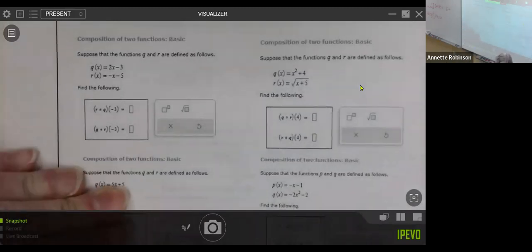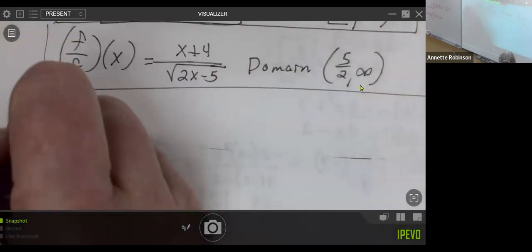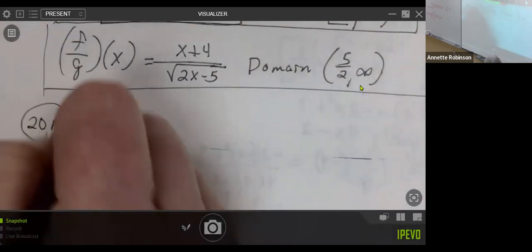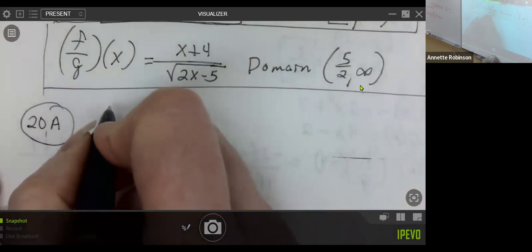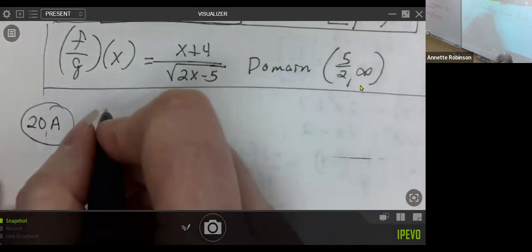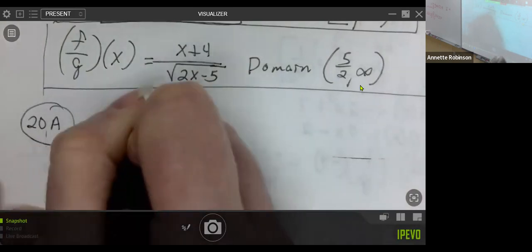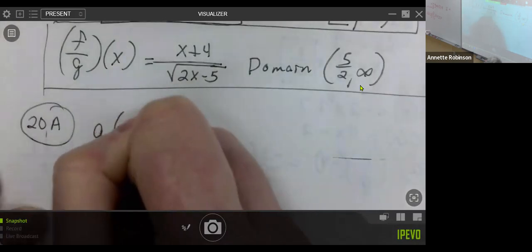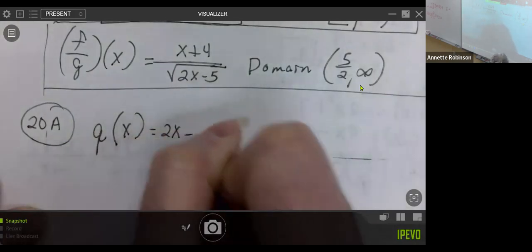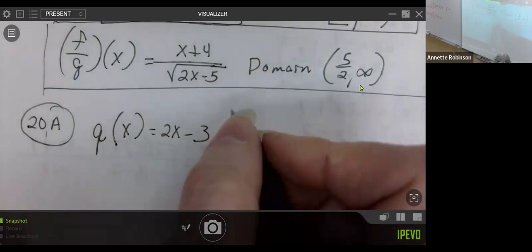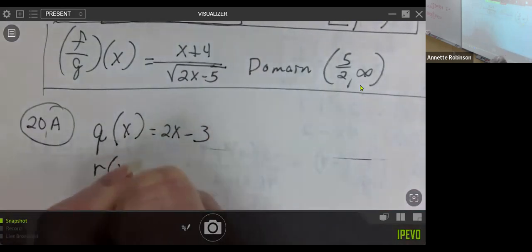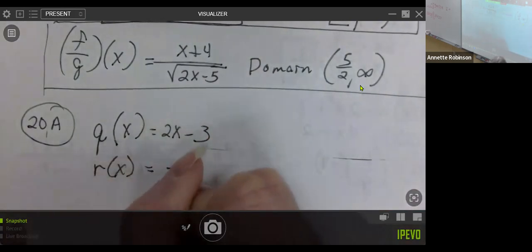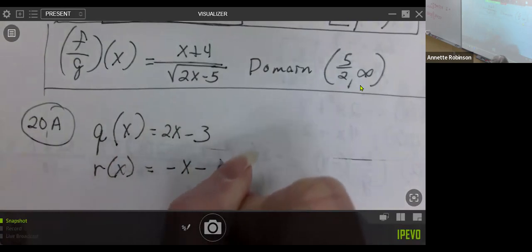All right, we are on slide number 20. This happens to be the first one. I'm given a function q of x, which is 2x minus 3. They give me a function r, which is negative x minus 5.